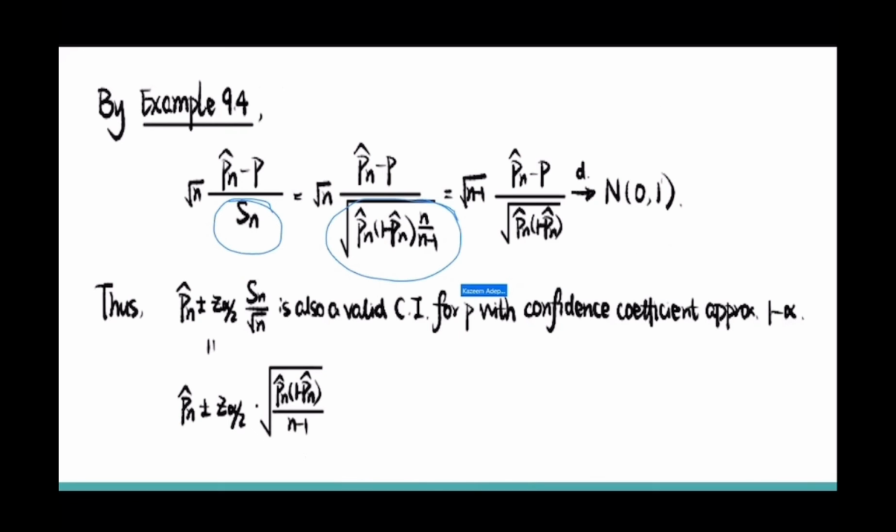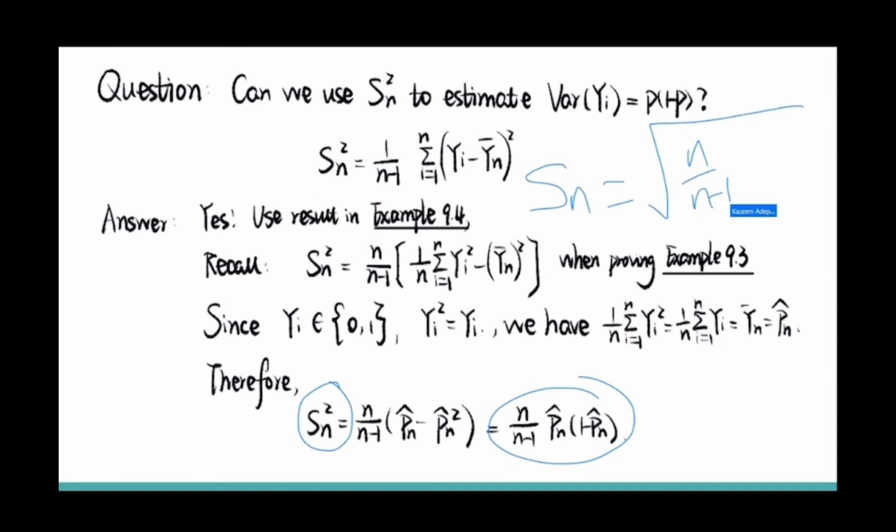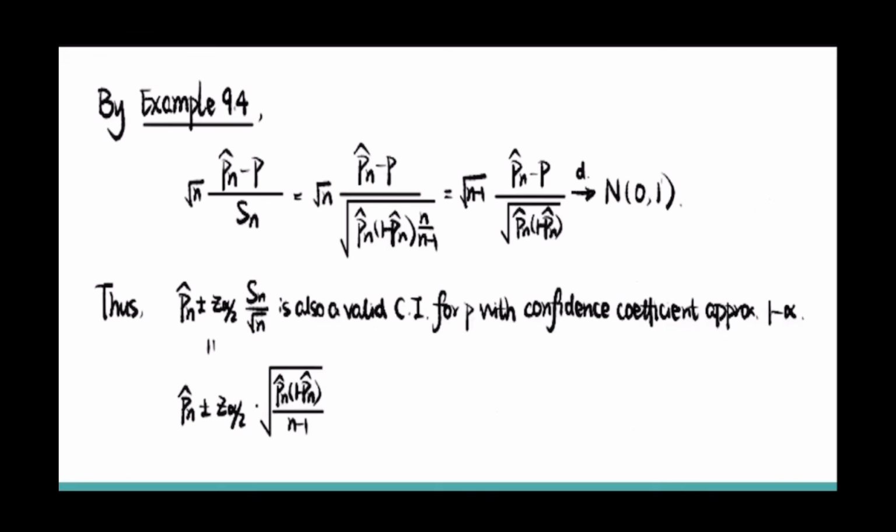And how do we get that? If you go back, you're going to see that if this equals this, then xn is going to be the square root of all of that, it's going to be that over p cap times 1 minus p cap over n. Take a look at that. That was how we were able to arrive at this now.